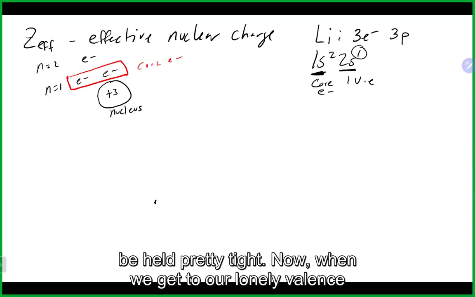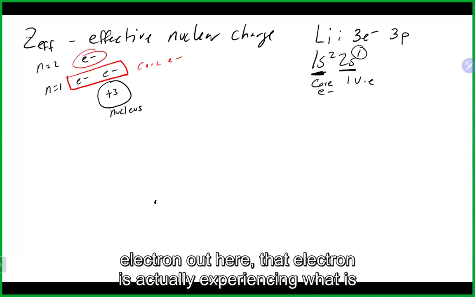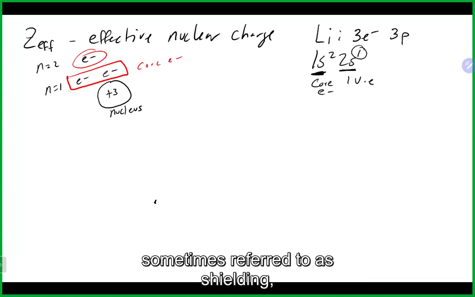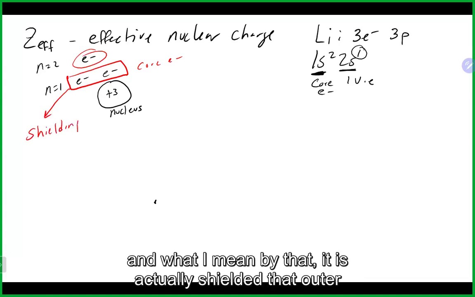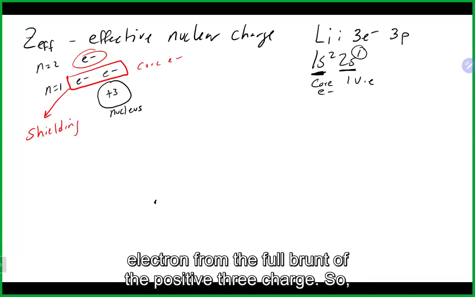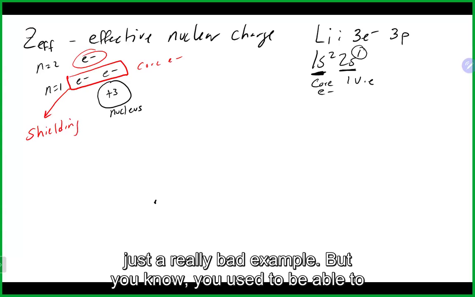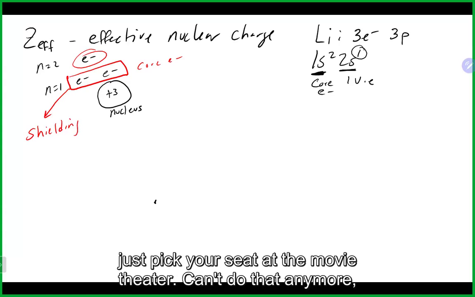Now, when we get to our lonely valence electron out here, that electron is actually experiencing what is sometimes referred to as shielding. What I mean by that is that outer electron is shielded from the full brunt of the +3 charge. Just a really bad example, but you used to be able to just pick your seat at the movie theater.